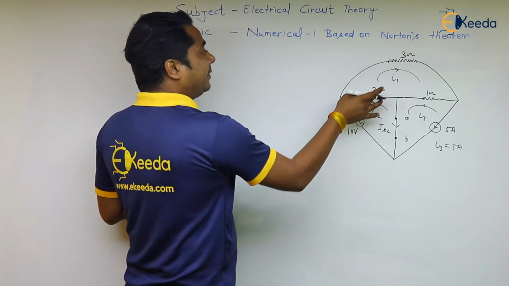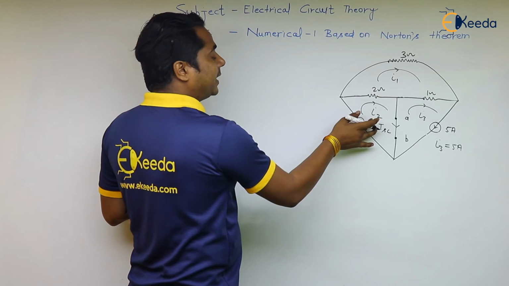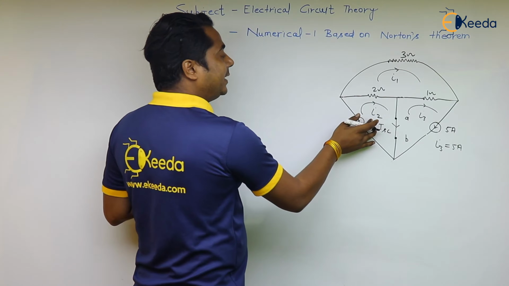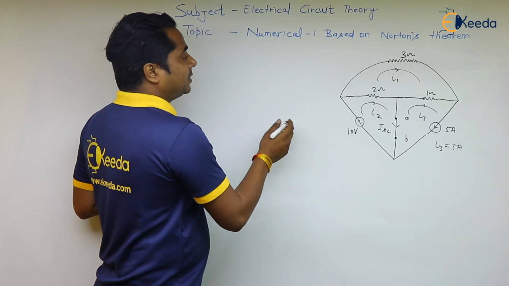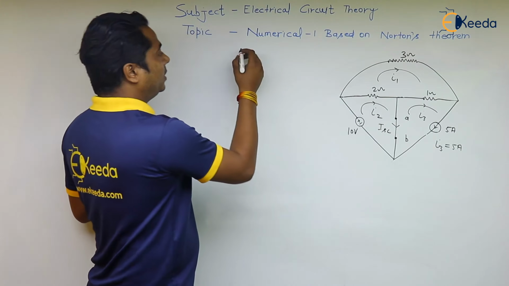Right now in the first loop and in the second loop we will apply KVL, or we can use the short trick method. First I am applying it in the second loop.